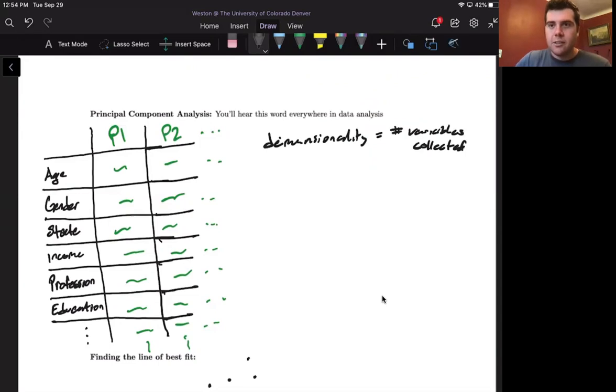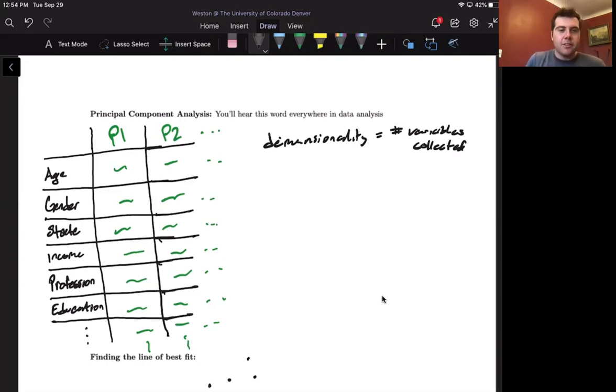Imagine you're trying to conduct an experiment on people, and you have all these variables about people. So in your experiment, you've collected their age, their gender, the state they live in, their income level, their profession, their education, and so much more. So you have at least a dimensionality of 6 in this case because there are 6 variables right there.